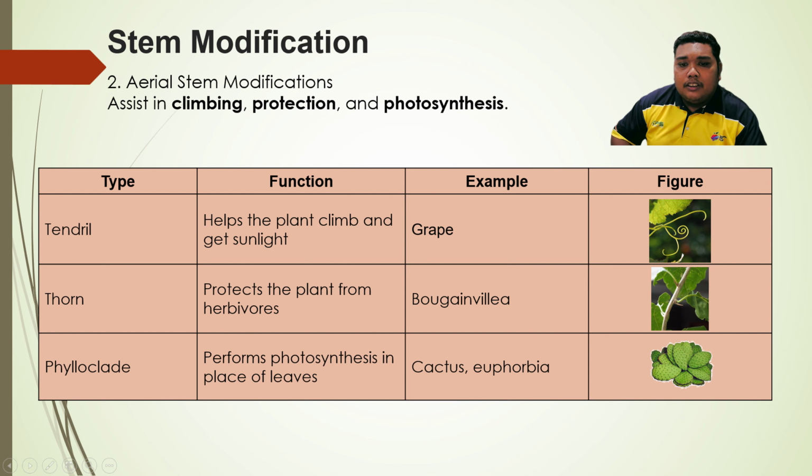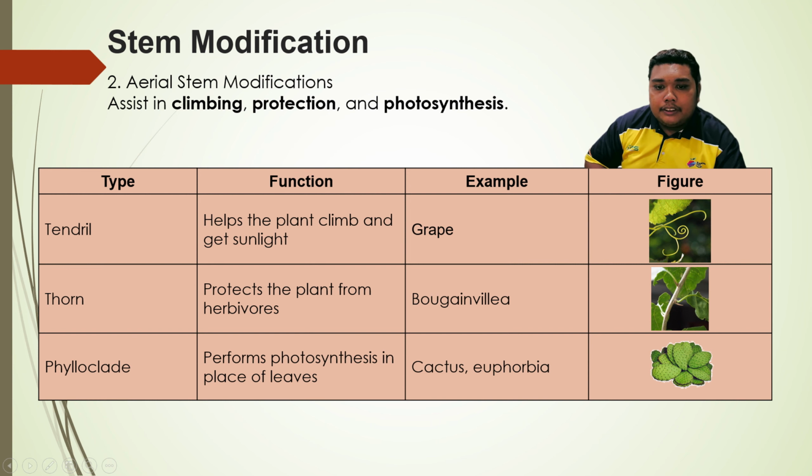Secondly, thorn. It protects the plant from herbivores, such as bougainvillea or roses. At the stem, they have a sharp part, which is thorn, that helps protect from the attack of animals. Next, we have phylloclade. It performs photosynthesis in place of leaves, such as cactus and euphorbia.